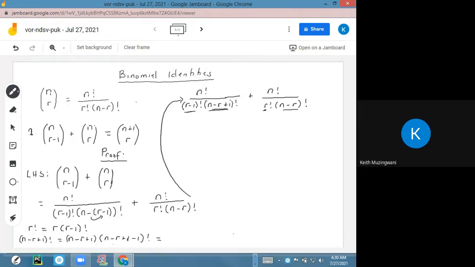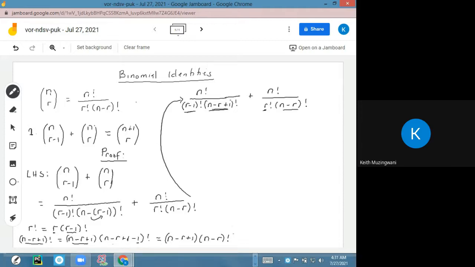If you simplify, you have n minus r plus 1 multiplied by 1 minus 1, which is 0, so we'll get n minus r factorial. If this thing took the place of r, you would put it there and subtract a 1, just like we have put it here and subtract a 1 from it and then put a factorial.